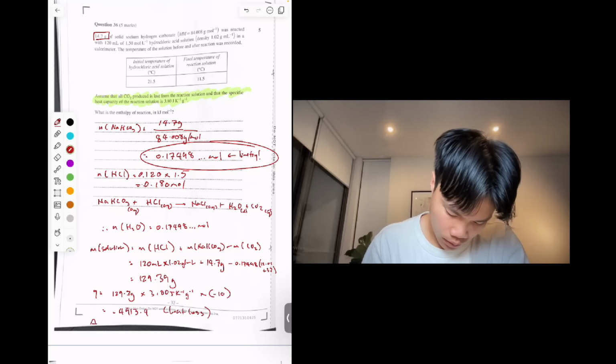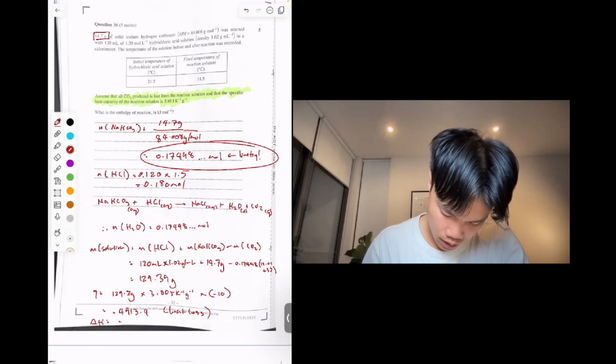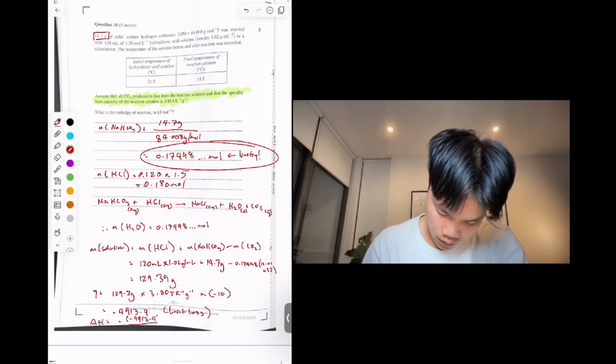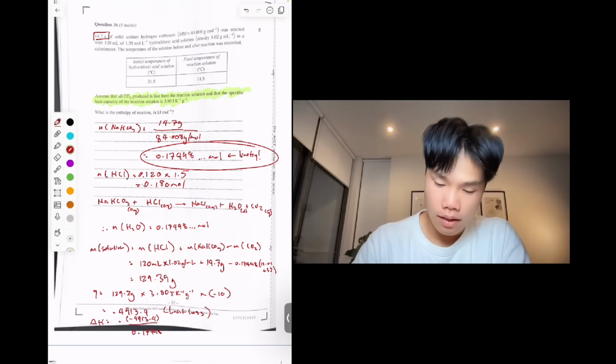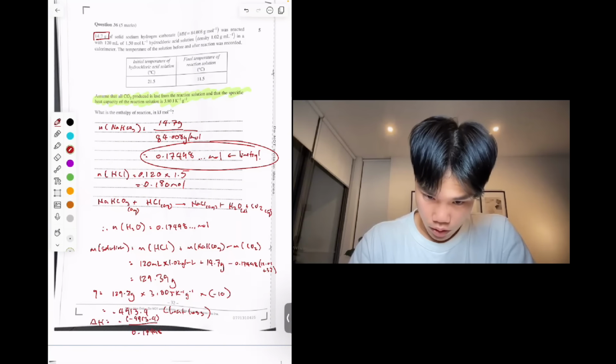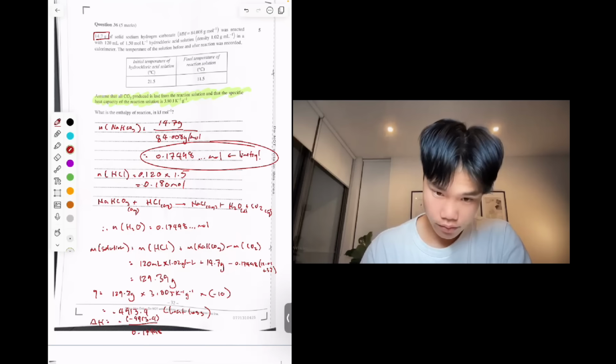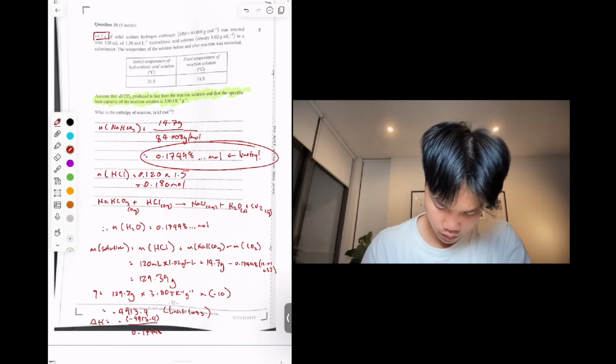And finally, your delta H is going to be equal to negative Q on n, negative 4913.4 divided by your n, which is the moles of water, because it is a neutralization, 0.17498. So this is in joules.